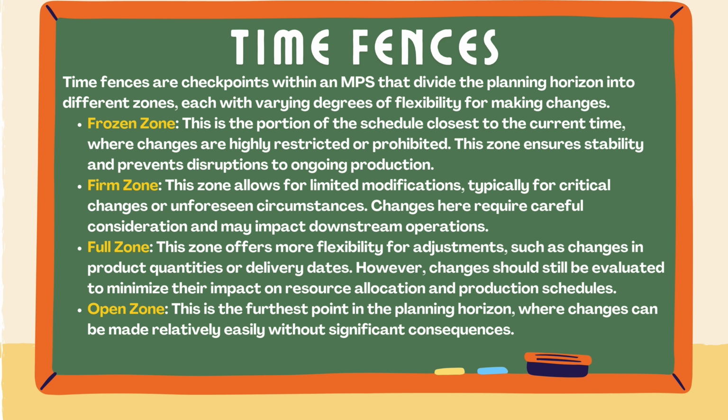However, changes should still be evaluated to minimize their impact on resource allocation and production schedules. 4. Open zone. This is the furthest point in the planning horizon, where changes can be made relatively easily without significant consequences. By implementing time fences, organizations can strike a balance between flexibility and stability in their production planning.